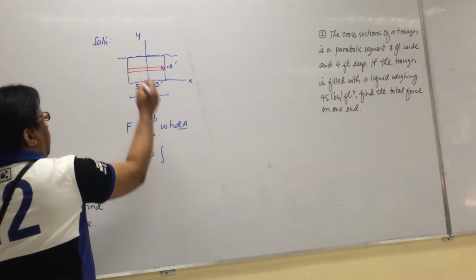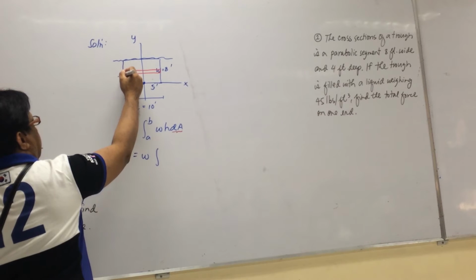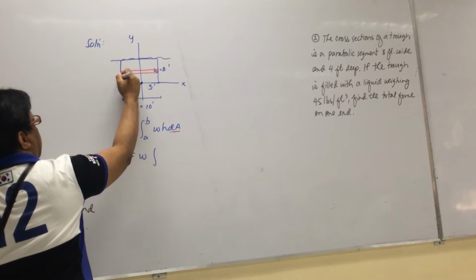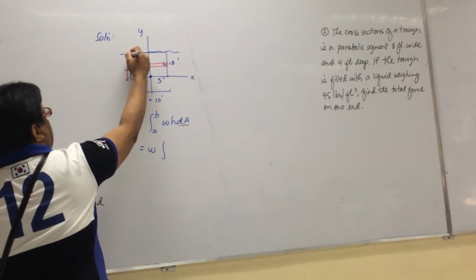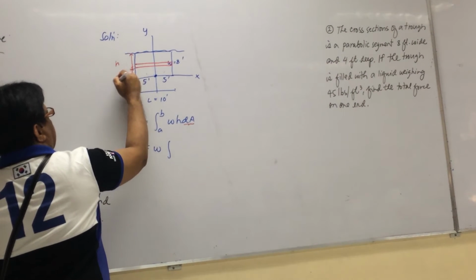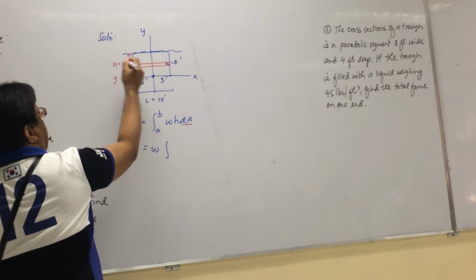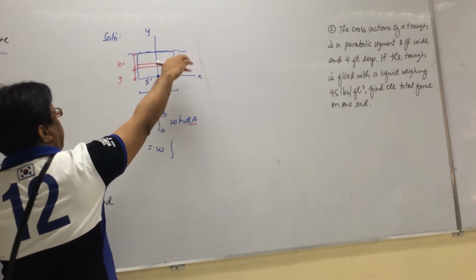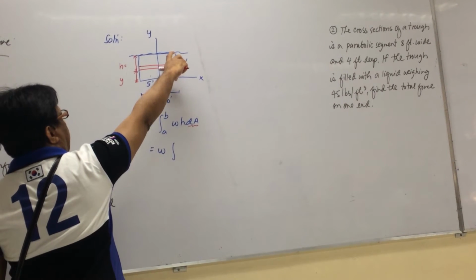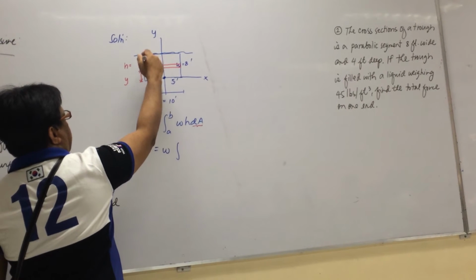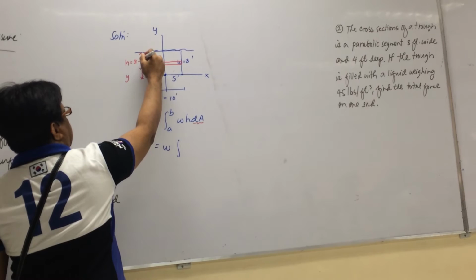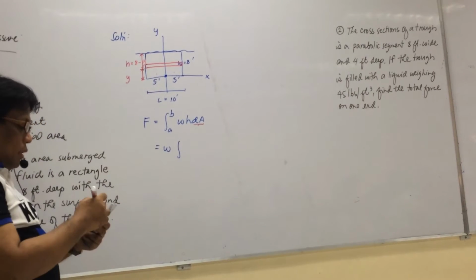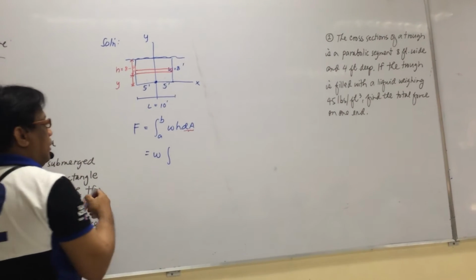If we let this be y, and this the height or the displacement, then since the section is 8 feet, the height will be 8 minus y.